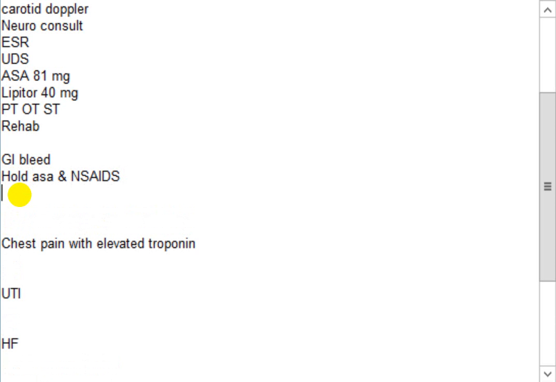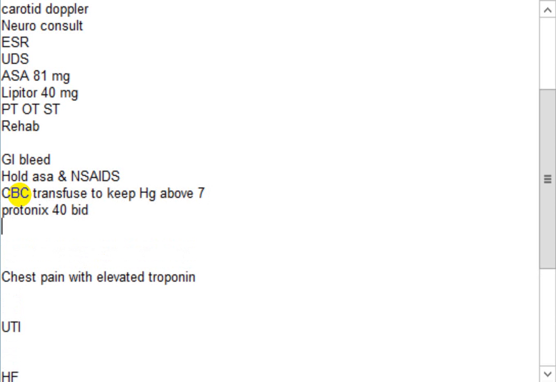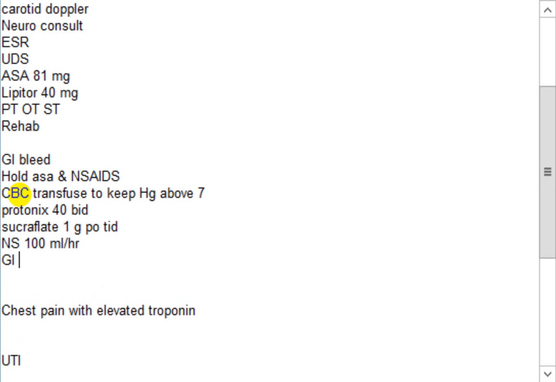And you're going to monitor CBC and transfuse to keep hemoglobin above 7, and of course Protonix 40 BID. And you can give them sucralfate 1 gram PO TID, and you continue normal saline hydration 100 ml an hour, and then you consult GI to plan for EGD.